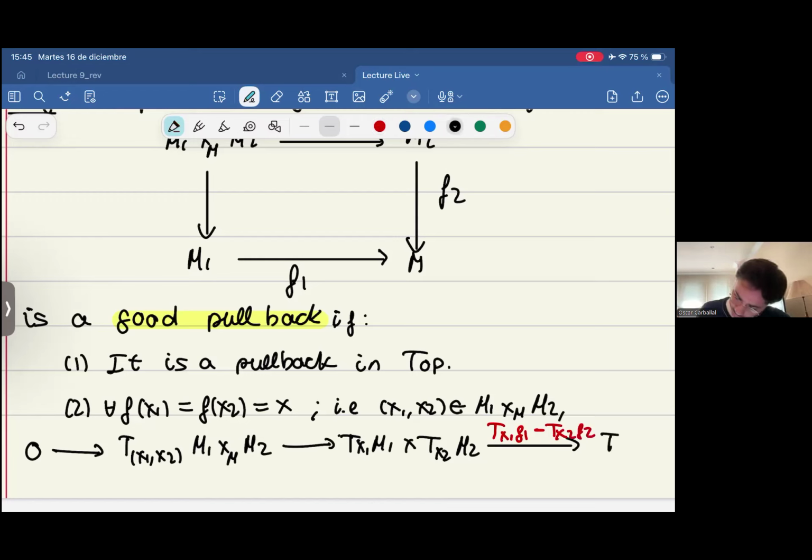And here we have the tangent space at x in M. So the fact that this sequence of vector spaces is exact precisely means that the tangent space at a point (x1, x2) in this pullback is precisely the one one should expect coming from a pullback, right?